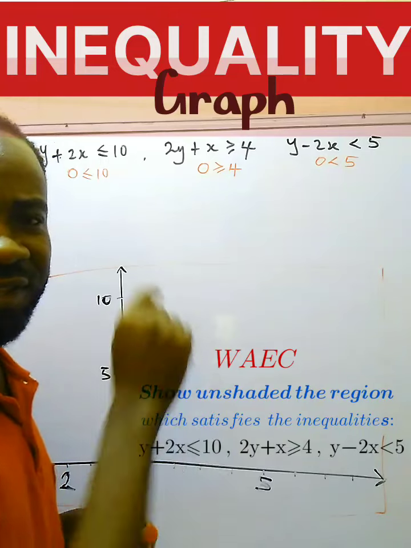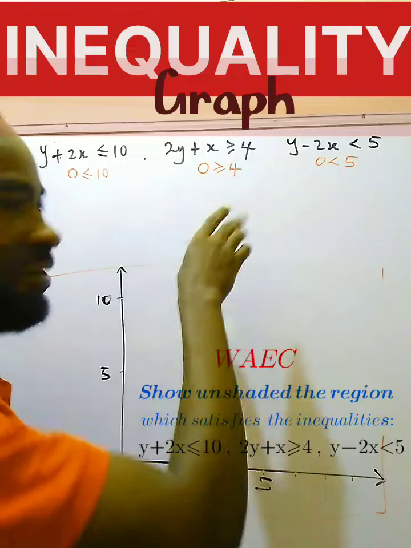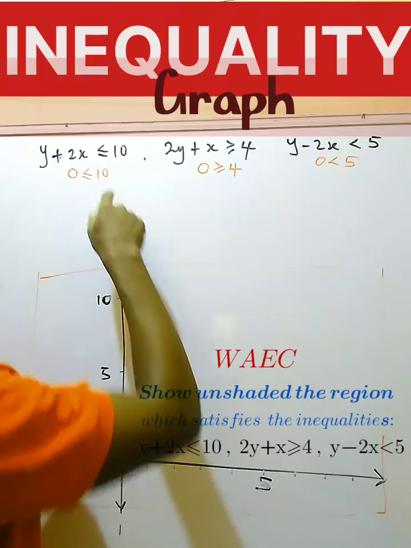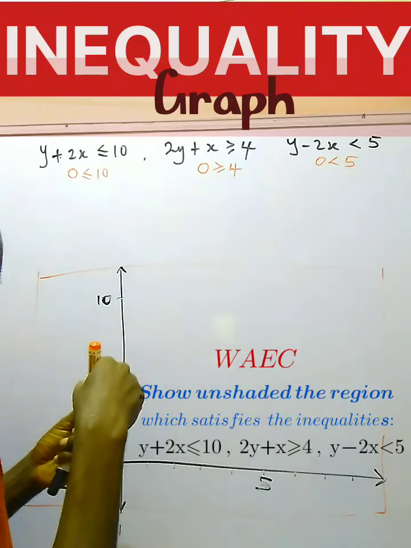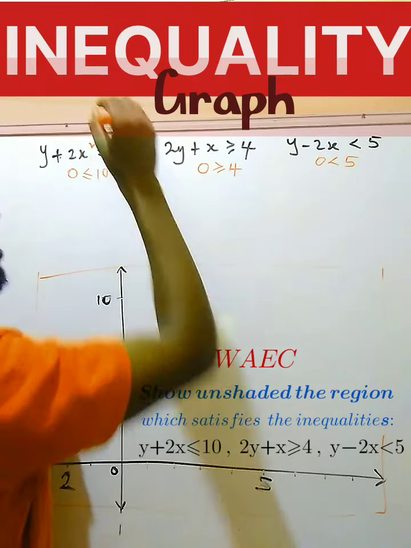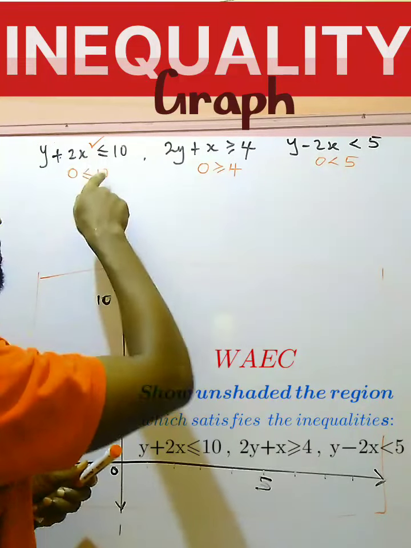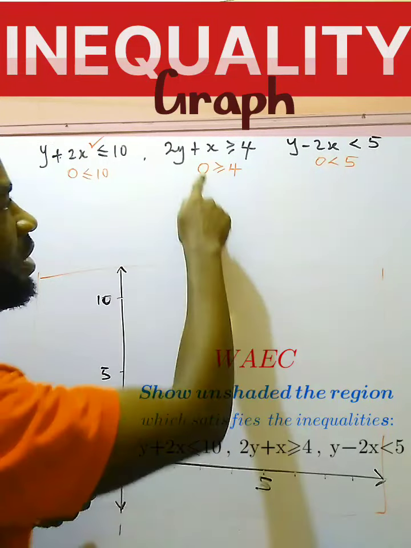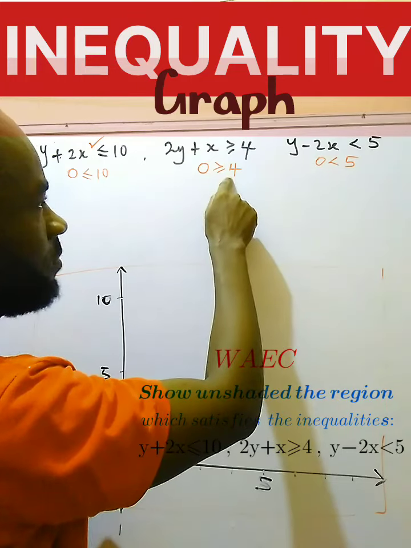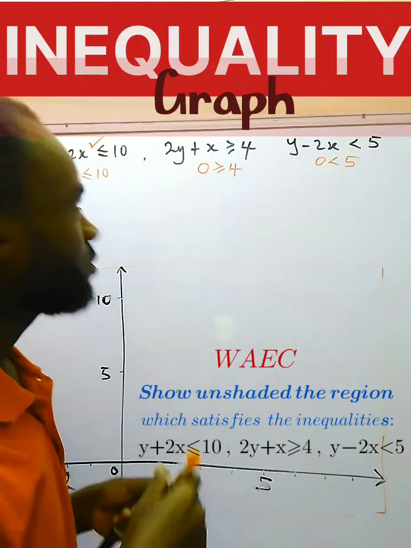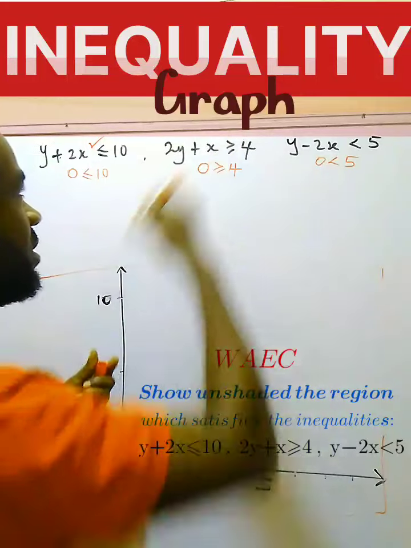Now let us see if these statements are valid. 0 is less than or equal to 10. This is actually a valid statement, so this inequality is valid. Let me tick it good. Please take note of that. Here, 0 is greater than or equal to 4. 0 cannot be greater than 4, so this statement is not valid.